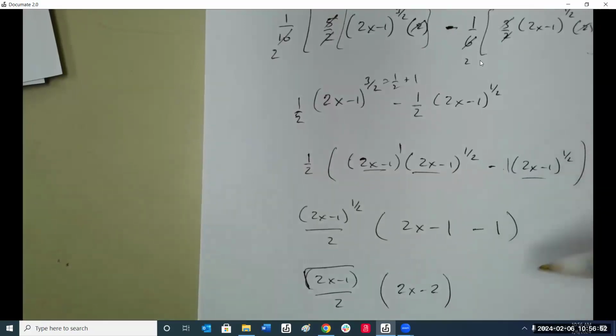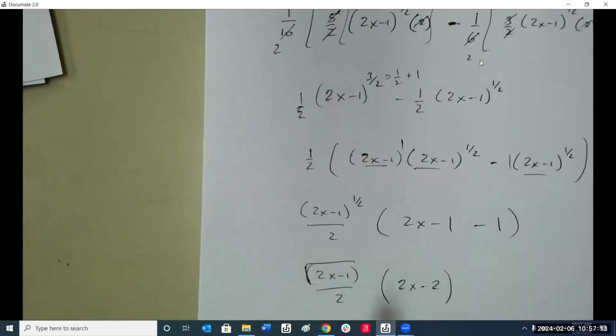Something tells me that one of these should cancel out. Because if that's the case, then we have square root of 2x minus 1 times x minus 1. That 1 should disappear.